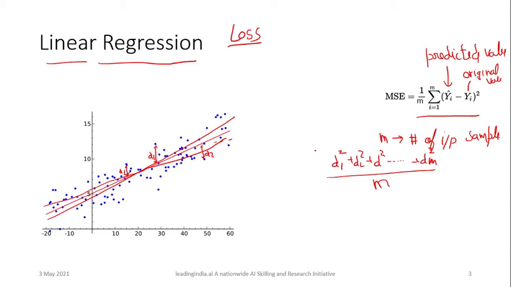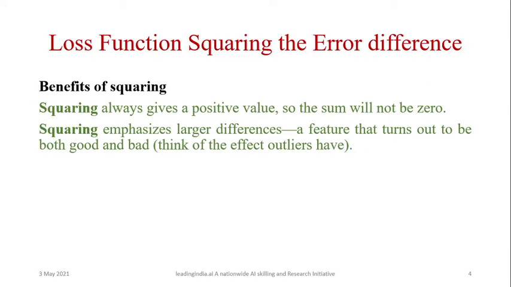This is known as the total loss. Got it? This gives you information on how much your prediction differs from the original value. This is for linear regression. Now why are we putting y cap minus y square? Let's find out.